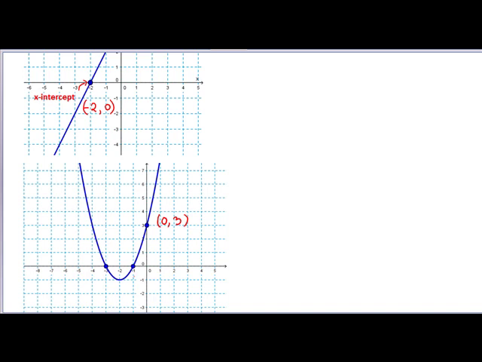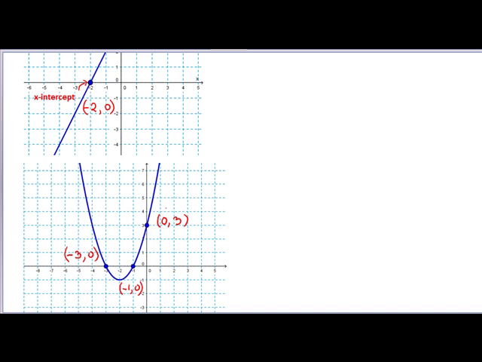For this point here, our x-intercept will be (-1, 0). And right here we have (-3, 0). So at this point, when your x value is minus 3, the y value is 0. And right here the x value is minus 1 and the y value is 0.